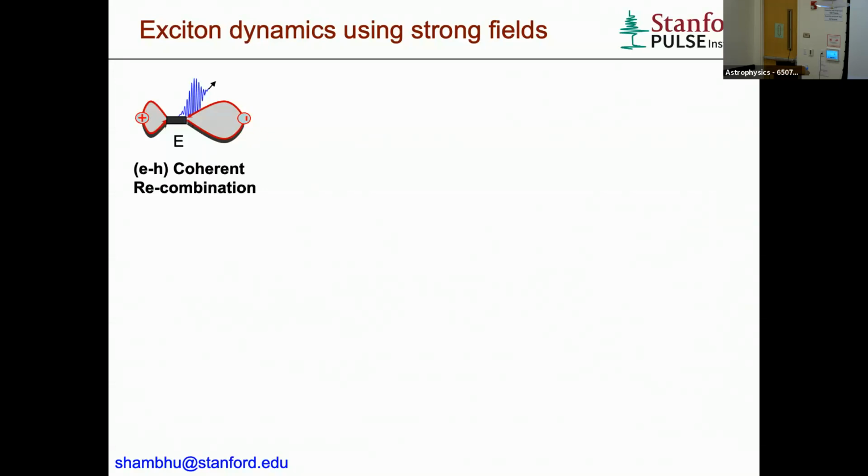In subcycle time scales, they could come back to the same place and potentially recombine. Upon recombination, just like in the atomic case, they could produce coherent light, which we could use to do the spectroscopy that we want. So that was the idea.